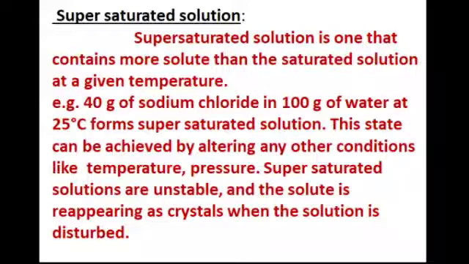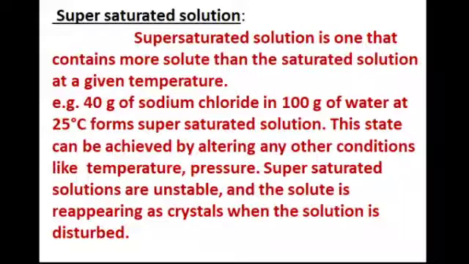The saturation level of sodium chloride in 100 gram of water is 36 gram only. In this example, 40 gram of sodium chloride in 100 gram of water at 25 degrees Celsius is more than the saturation limit. So this is a supersaturated solution. This state can be achieved by altering other conditions like temperature or pressure.